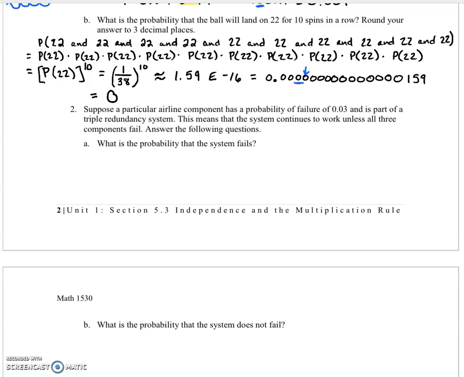So what does that do for us? Well, it just makes everything safer. Why? What's the probability that the system fails? Well, the probability that the system fails is the probability that the first component fails and the second component fails and the third component fails.